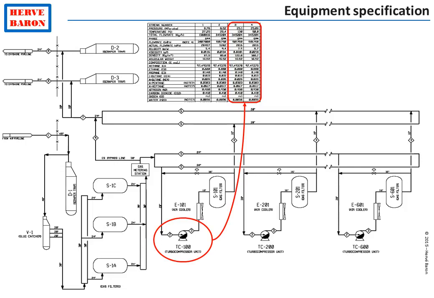For this compressor, for instance, process will indicate which are the inlet and outlet flow as well as pressure for the various operating cases, including the most demanding of the heat and mass balance.